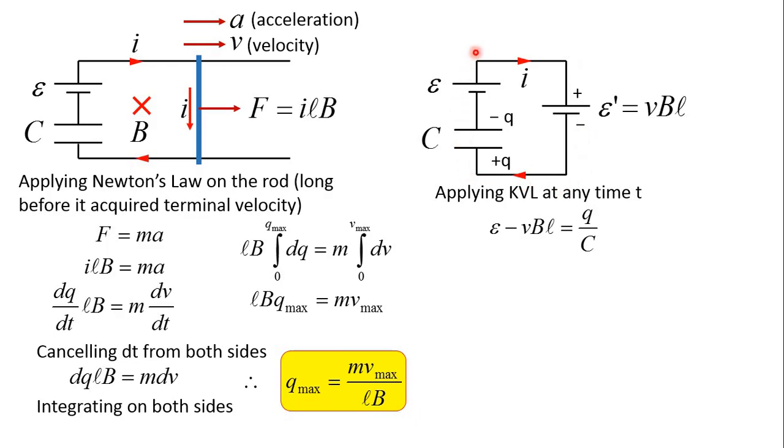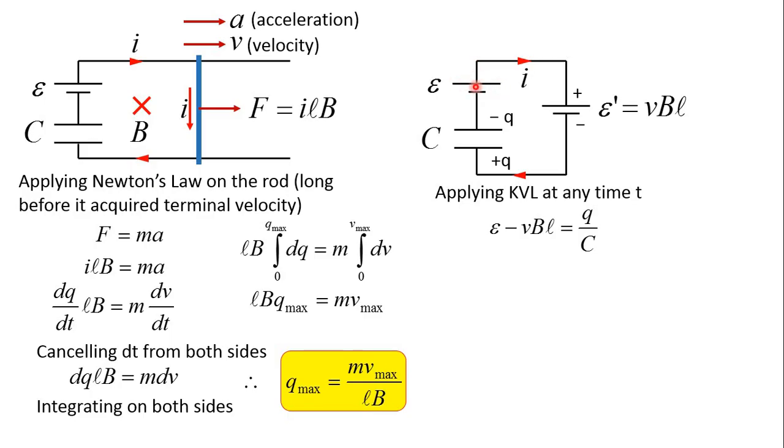Let's learn how to apply KVL in a circuit. You may choose either the clockwise or the anti-clockwise direction. I will choose clockwise and start from here, go like this and like this, and end here. As I move up, the voltage of this battery is E. I write E with a plus sign, not minus, because I move from the lower potential to the higher potential side.